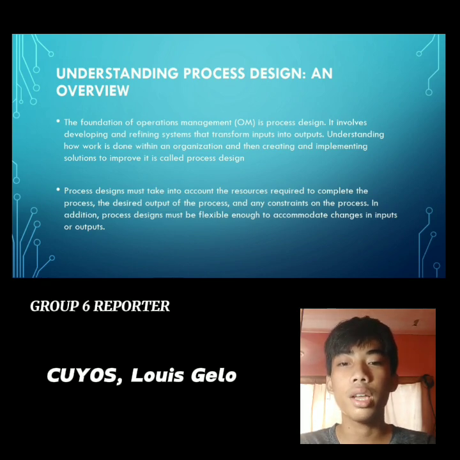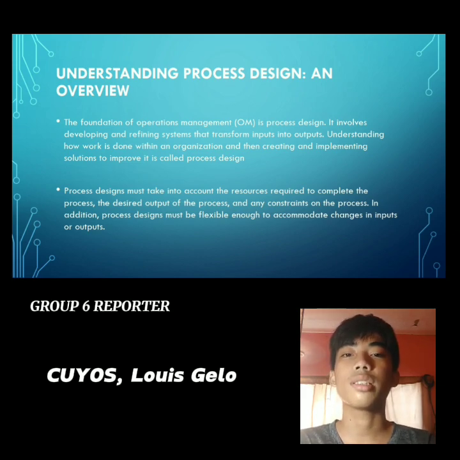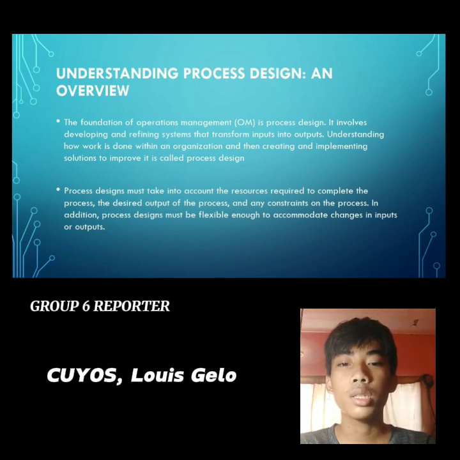Understanding how work is done within an organization and creating and implementing solutions to improve it is called process design. Process designs must take into account the resources required to complete the process, the desired output of the process, and any constraint on the process. In addition, process designs must be flexible enough to accommodate changes in inputs or outputs.